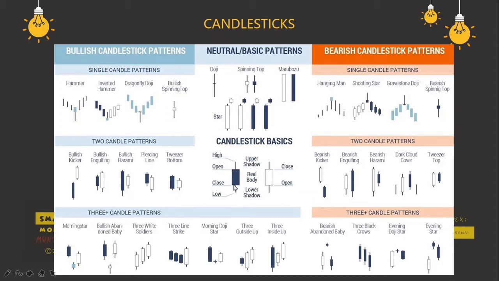Just get that. Now the wicks usually end with the high and the low. The wicks usually represent the high and the low for that time period, for that day. Let's say it's a daily time frame.